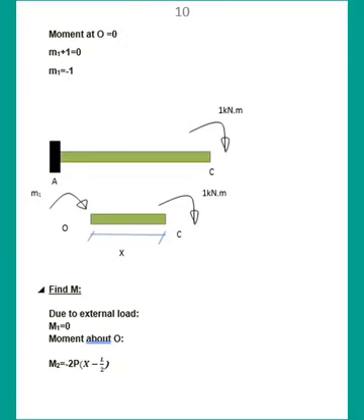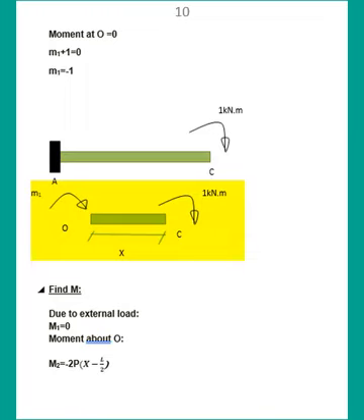After we apply the unit moment at C, the point where we want to find the rotation, we take a cut at a distance x from the beam, and then we take the moment about point O. So the moment at O equal to 0: m small plus 1 equals 0, so m1 equals minus 1.